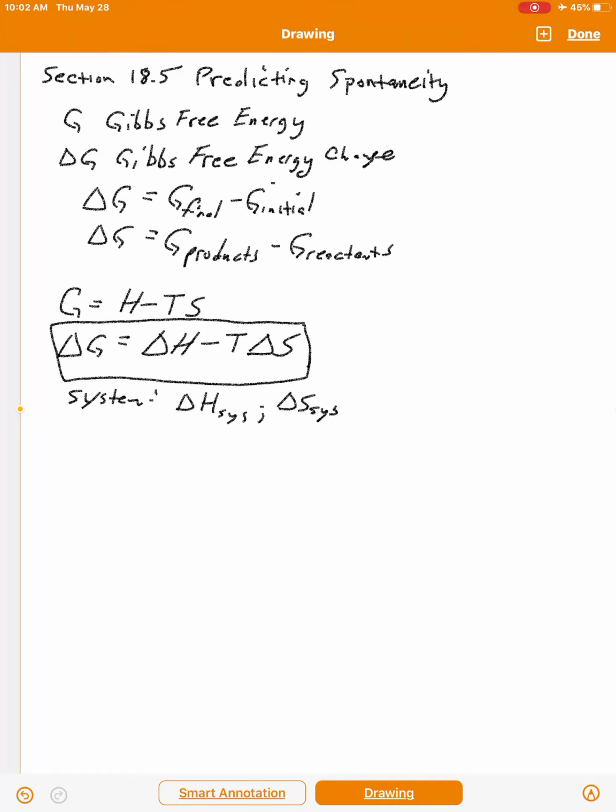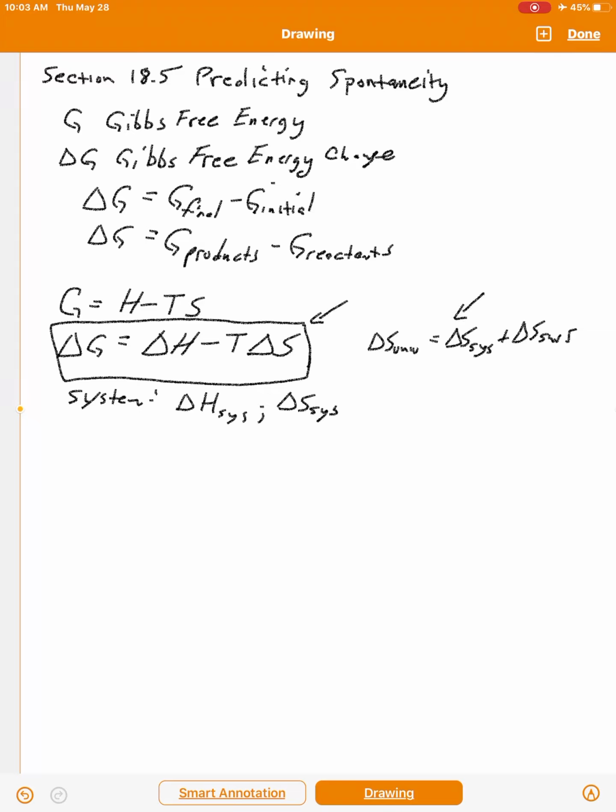This gives us the same information as the equation from the previous section, delta S of the universe equals delta S of the system plus delta S of the surroundings. It's more convenient for us to use this equation than that one.